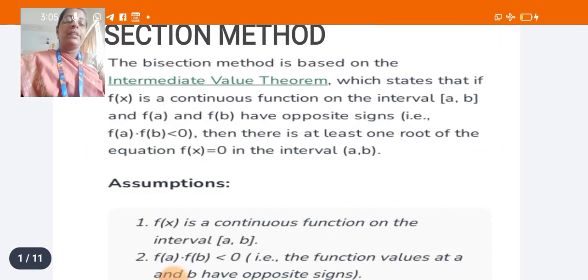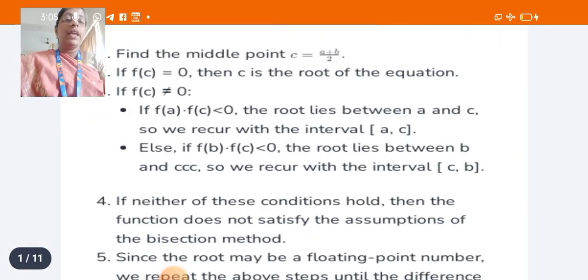Find the middle point c = (a + b)/2. a is the initial value of the interval, b is the end point of the interval. If f(c) = 0, then c is the root of the equation.